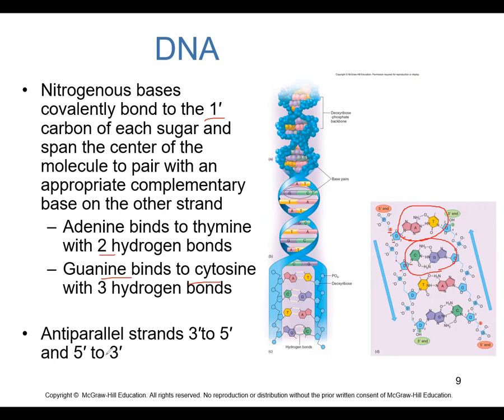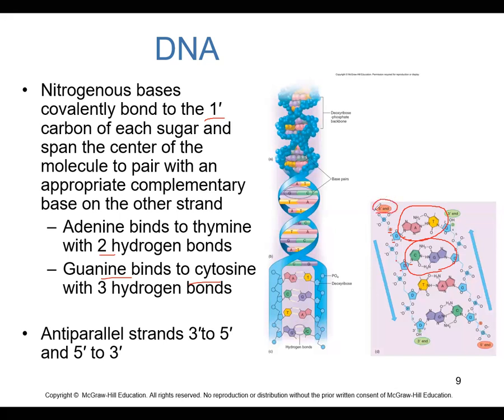Now, these run anti-parallel to each other, which means they're not identical. They're anti, which means they're opposite, and they run in opposite directions, like arrows. So for every A, you have a T. For every T, you have an A. So they're opposites, but they're different. And that's what anti-parallel is. When they talk about the 3' to 5', we're showing you here the 5' sugar.